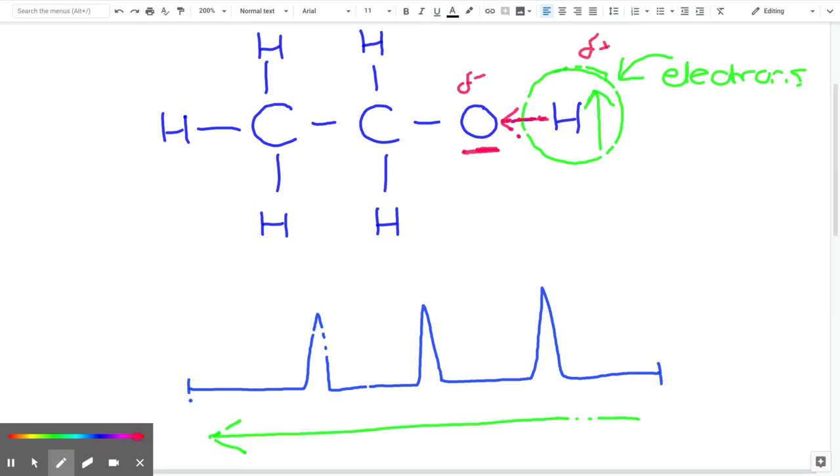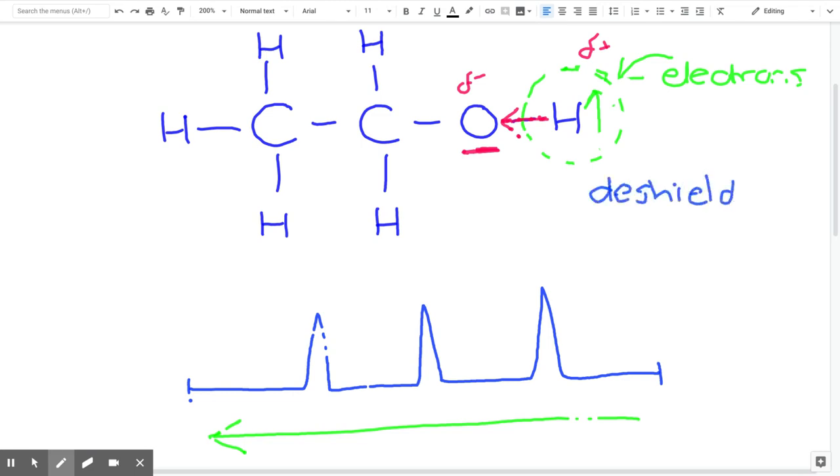That is going to withdraw some of the electron charge from around the outside of this hydrogen. That is going to do what's called de-shielding. This hydrogen is going to be de-shielded. Okay, so it's undergoing de-shielding.